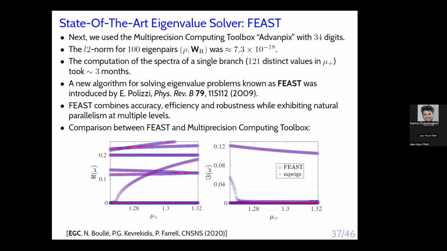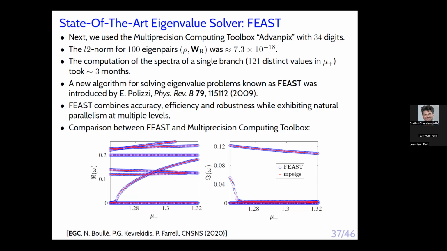Indeed, I did it using this package. I found fantastic accuracy, but the problem was that one branch had 121 solutions over mu plus. That computation took 3 months, and I had in total maybe 40 branches. So I had to wait for years just to do all this computation.